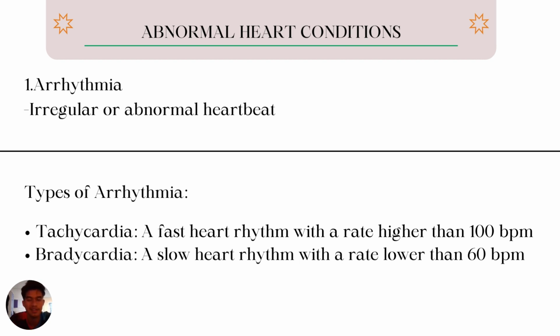For the added information, heart arrhythmia may not cause any signs or symptoms. In general, signs and symptoms of arrhythmia may include fluttering in the chest, a racing heartbeat, chest pain, and shortness of breath.